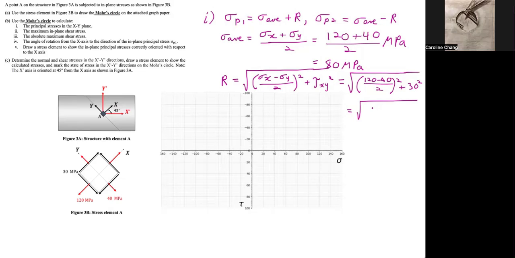So 80 over 2 is 40. And 40 squared is 160. So 160 plus 900, because 30 squared is 900, and this is equal to the square root of 1060.